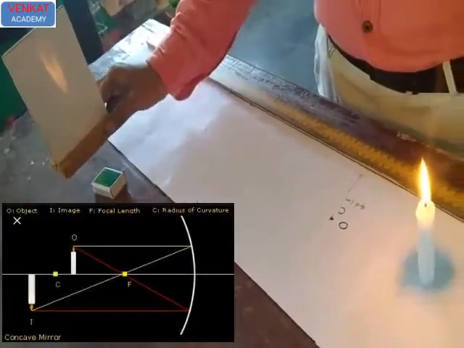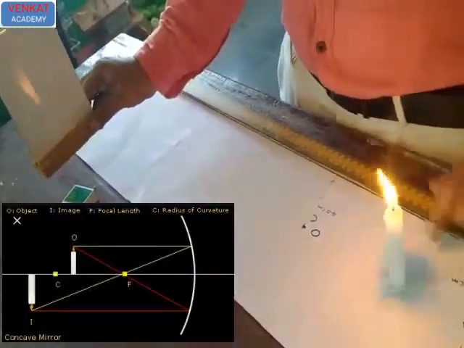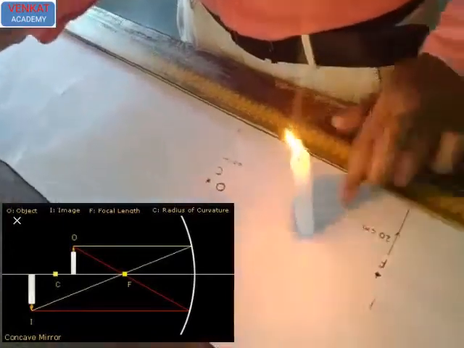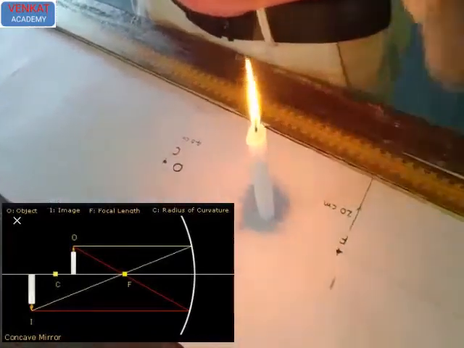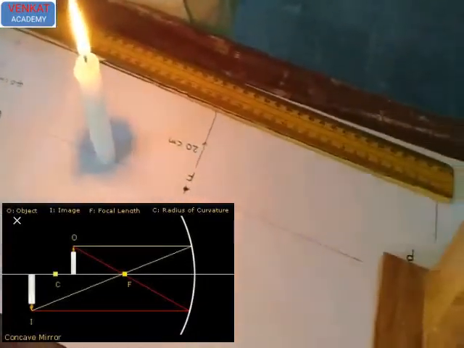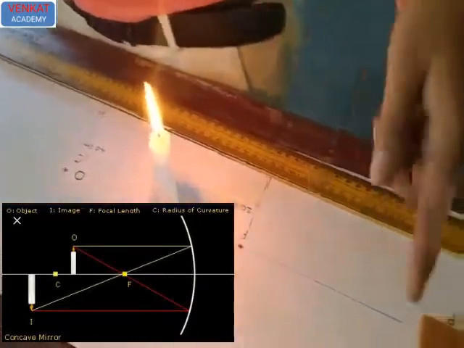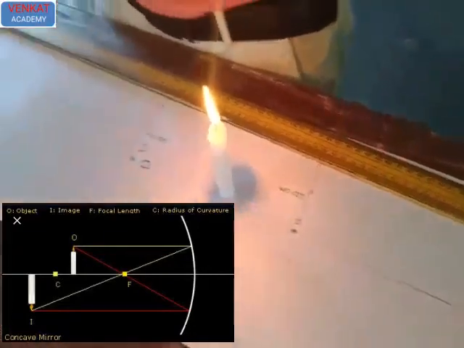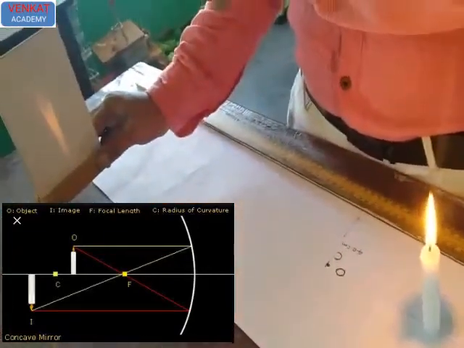A very big size image is formed here, when the object is between C and F. Then what about the image here? One light ray passes parallel to the principal axis and meets on the screen. One more light ray passes at a certain angle through the pole. Then the reflected rays meet on the screen.